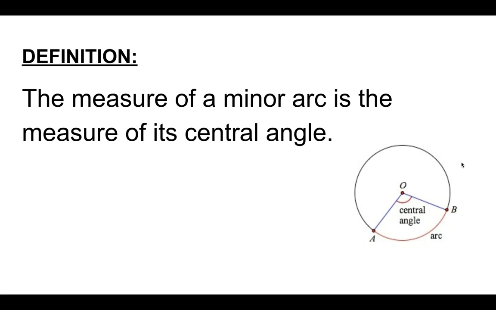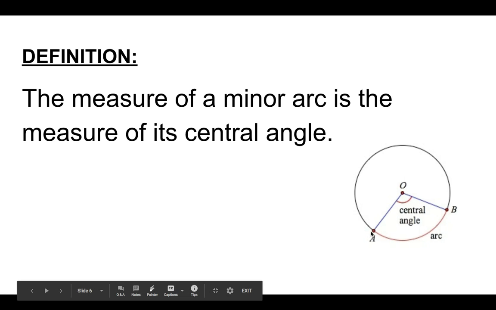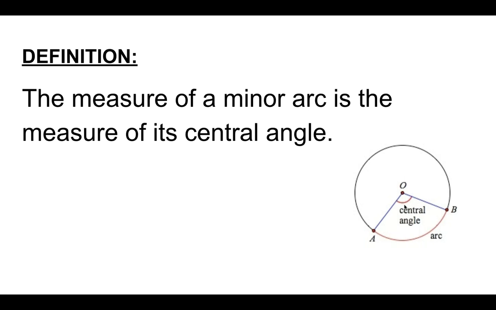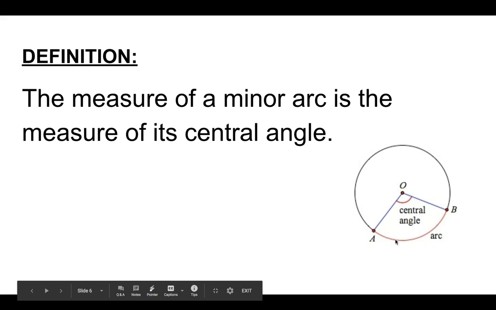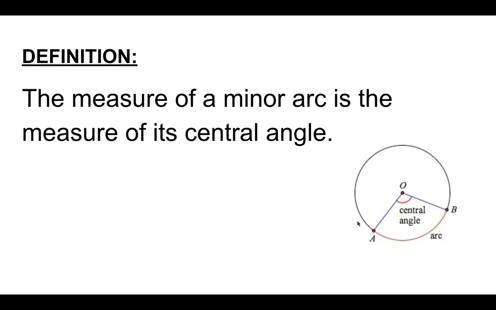Now, the measure of a minor arc is the measure of its central angle. We call an arc a minor arc when it is the smaller arc of the two arcs that you have within your circle. So if we have our central angle, angle AOB, the arc that's formed by it is smaller than the arc on the other side of the circle.